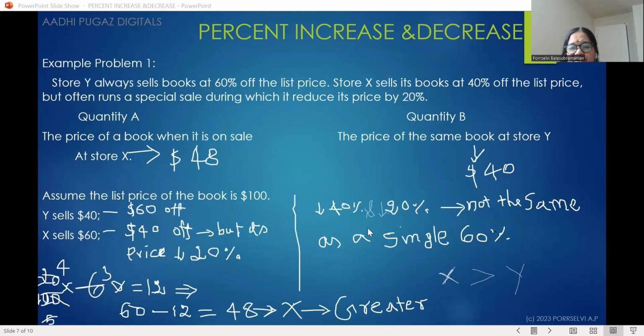Here what I'm trying to say is, first it's giving 40% at store X, next it's giving 20% off, but it's not equal to giving a single 60%. If store X gives 60% in one time, that value is totally different from giving 40% and 20% in two steps. Okay, it's not the same. So in this question, the answer is quantity A is greater than quantity B.